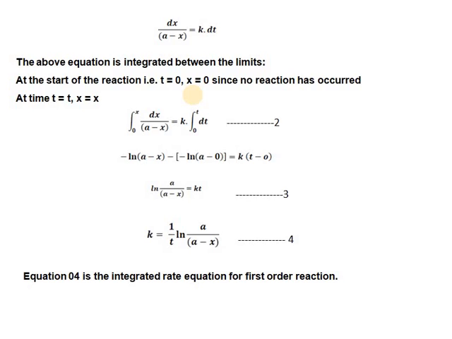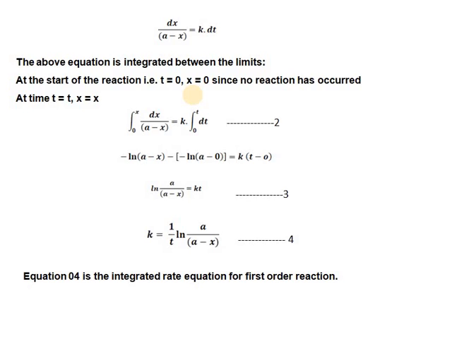Then the above equation can be integrated between the limits: at t equal to 0, x is 0, since no reaction has occurred, and at time t equal to t, x is equal to x. Integrating, we get the integral from 0 to x of dx upon (a minus x) equal to k into the integral from 0 to t of dt, equation 2.